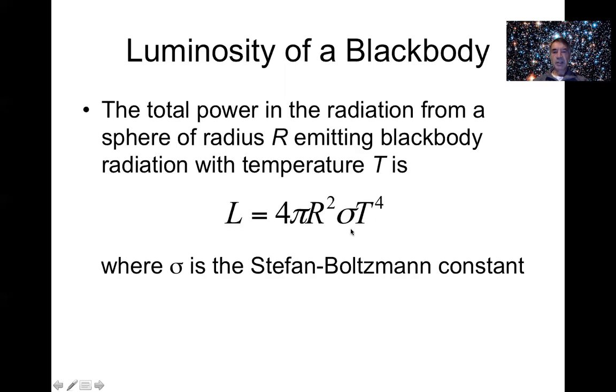The total luminosity of a star will be given strongly as a function of its temperature, so hotter stars are emitting much more radiation, much more energy. And obviously bigger stars of a given temperature will also emit more energy because you've got a bigger area from which to emit. So hopefully that makes sense.